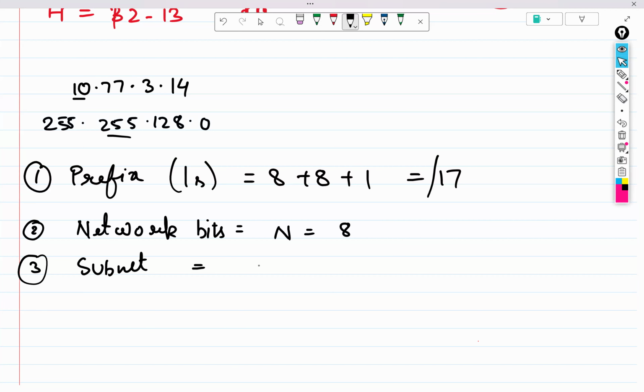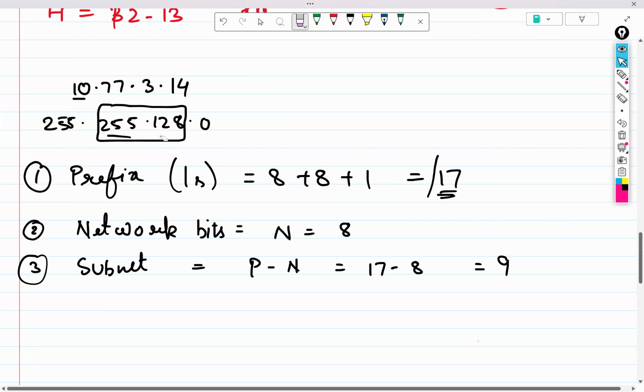Subnet bits is calculated like P minus N. That is P, we already know 17. 17 minus 8. You get 9. Okay. So you have 9 subnet bits, meaning these 2 octets are subnet bits, not the network bits, right? So you have subnet bits as 9.